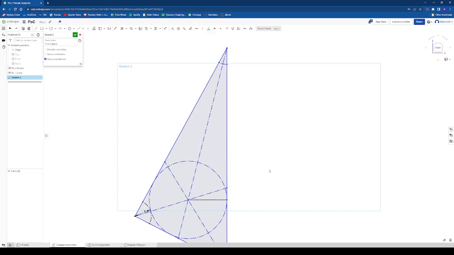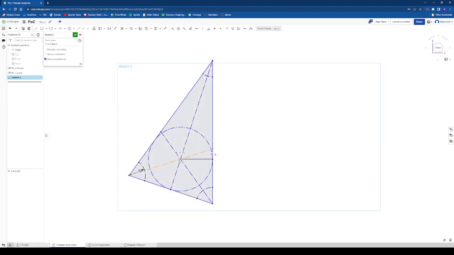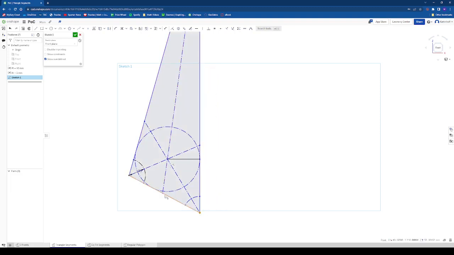Of course. That's fine, it actually worked. So now this line from the incenter to any edge is going to be the same distance, because all of them are a radius of the circle. So let's draw this one to this edge. There's perpendicular right there. And then let's draw this one perpendicular to this right there.